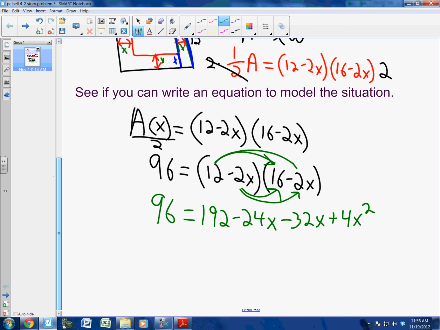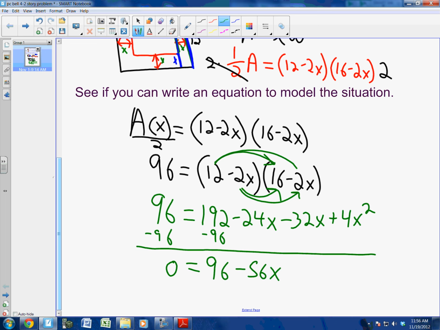Okay, we're going to minus 96 from both sides. And we're going to combine like terms, and we're going to get 0 equals 96. What's negative 24 minus 32? Okay, negative 56x plus 4x squared.